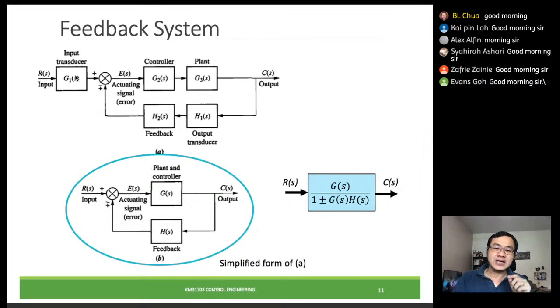So if we are able to move this block over here, then we can see that there are 3 blocks being cascaded, right? So we just do the usual way: we cascade them together and simplify them into a single block diagram. And at the feedback direction we also group them into one single block diagram.